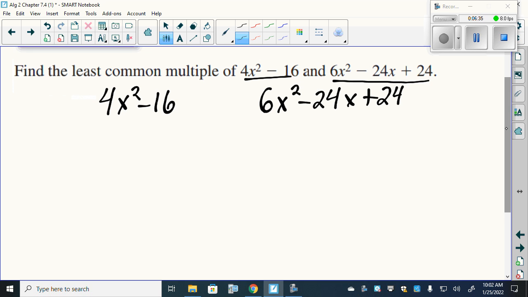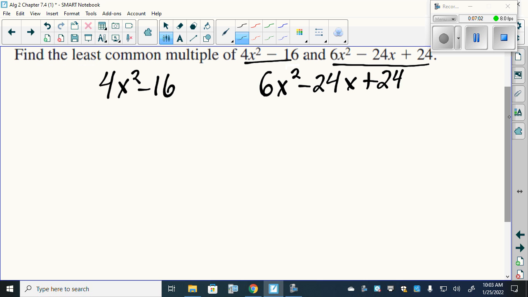We're trying to see what is the smallest term we can turn both of these into. The reason we want the smallest one is because anything greater than that will give us a like term on top and bottom when we start adding and subtracting, which we'd have to pull out later. It's not harder, but the degree is going to be higher, and it's going to be a little more complicated to work with.